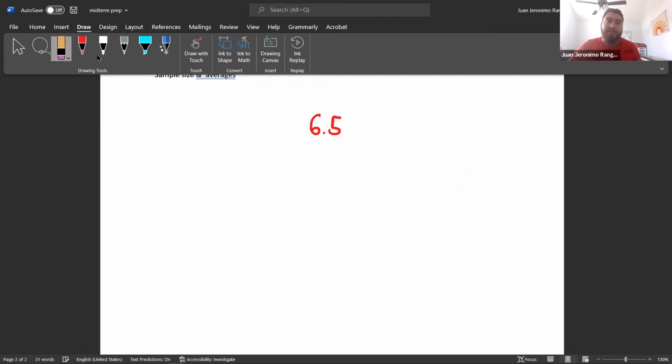Precision, you can have a bunch of 6.5s multiple times, or you can have a bunch of 6.4s. So the closer these things are to each other, the more precise you are. But you can also be completely not accurate, but still precise. I would review those terms on page 26.